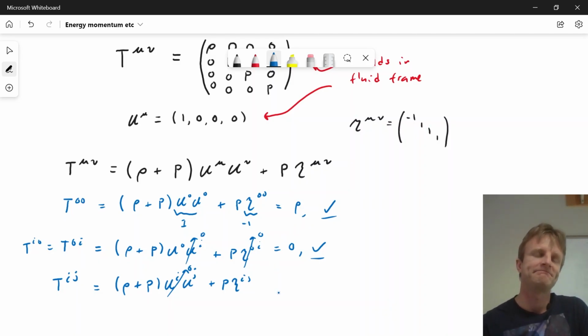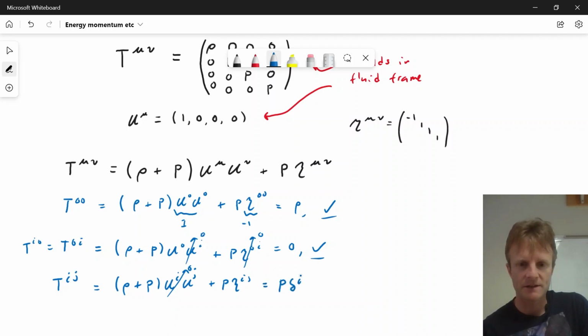Or the identity matrix in 3D, if you like. So that's P delta^ij, which is also what we wanted. Because if i is not equal to j, it's 0, so those are our off-diagonal elements. And if i is equal to j, it's 1, and we get the same pressure P on the diagonal.